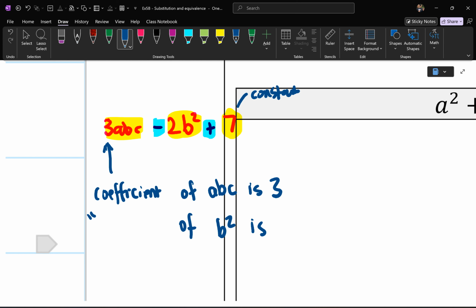Don't say just 2, because remember the sign matters. The number in front of b squared is negative 2. So you can think of the word coefficient as the number in front of, if that helps you understand. So the number in front of abc is 3. The number in front of b squared is negative 2. Okay? That's exercise 5a. If you want to practice 5a, those are the terms you need to know.